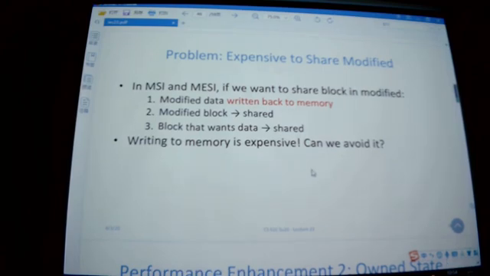In MSI and MESI, if we want to share a block in modified, the data must be written back to memory. A modified block can become shared, and a block that was once modified can become shared. So writing to memory is expensive. This is the question.